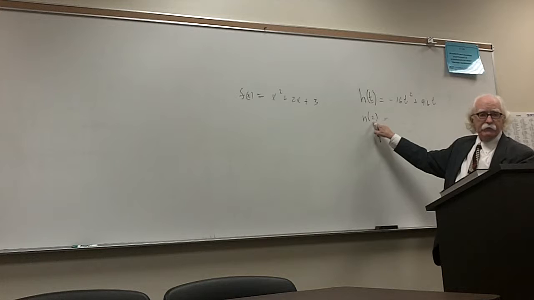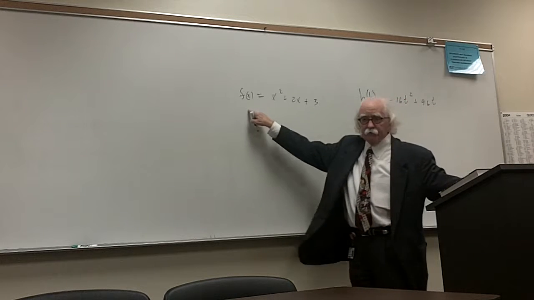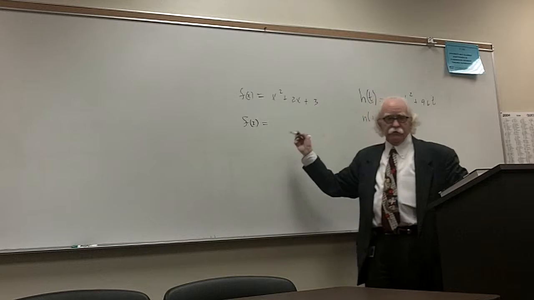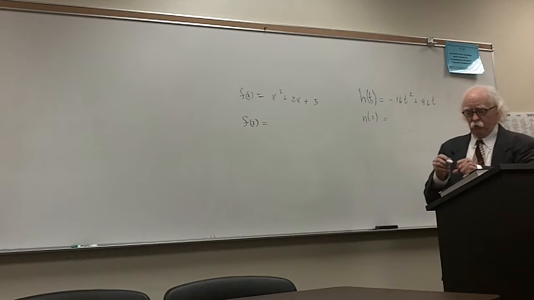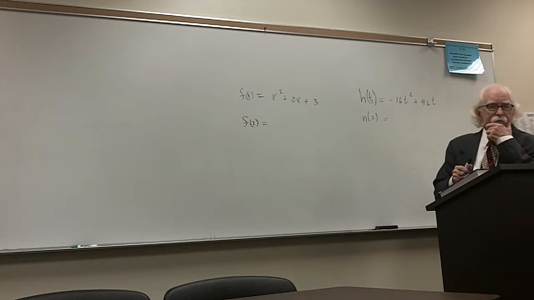In other words, when the time is 2 seconds. So you'd write it like this. What is h of 2? H of 2, or f of 2. So it's sort of a convenient holding place for the variable, the number that you're going to replace the variable with. Does that make sense, everybody?